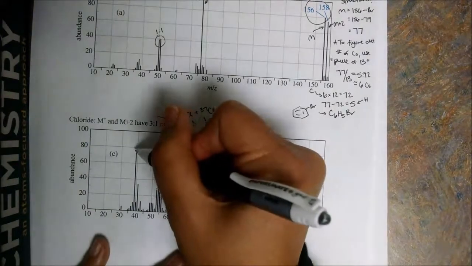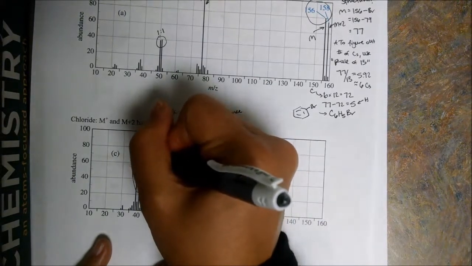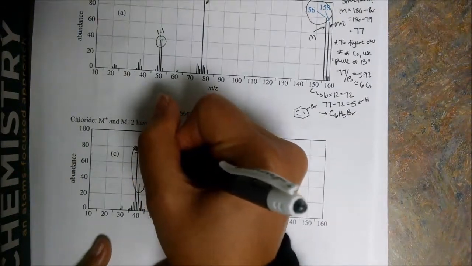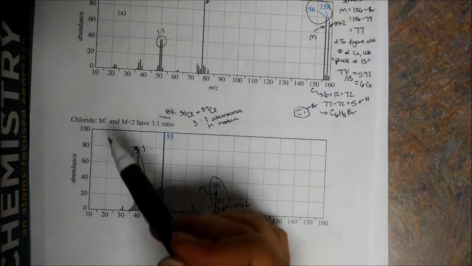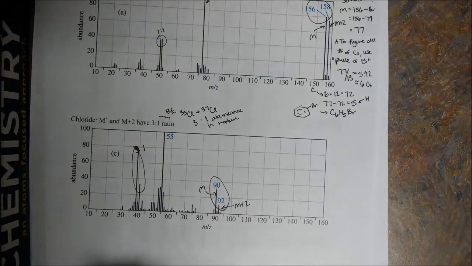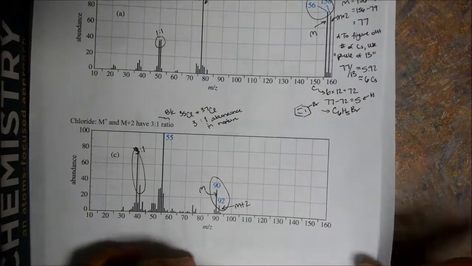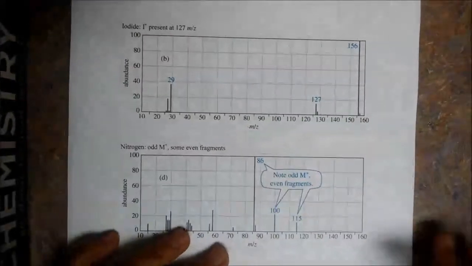And we can see this repeating. Here it is, 3 to 1 again. So this ion also has chlorine in it. The M and the M plus 2 are present in a 3 to 1 ratio. I'm not even going to go through and deduce the possible structure because it's not worth our time. Alright, iodines.